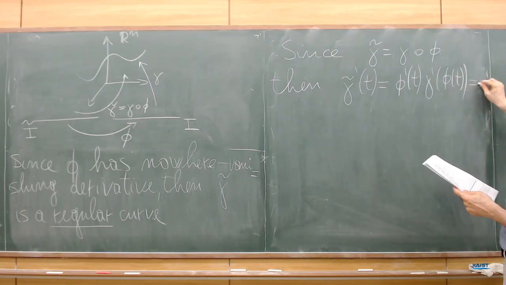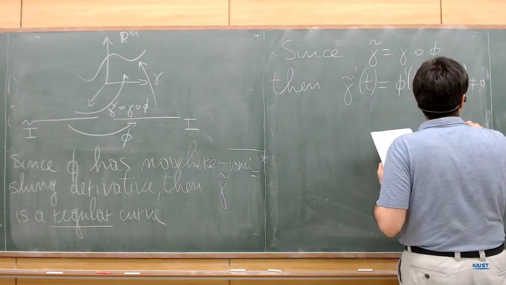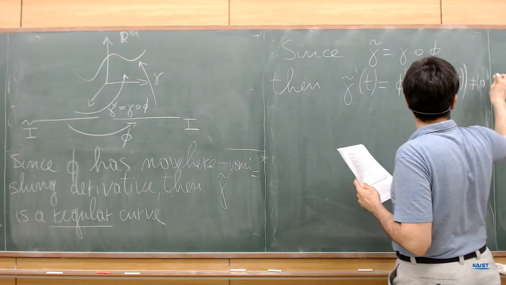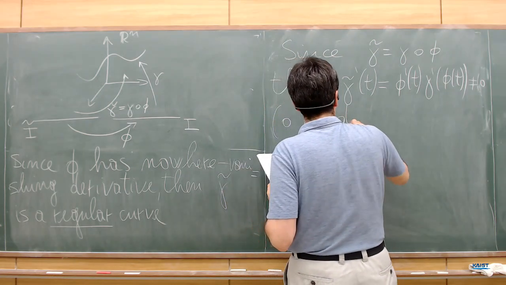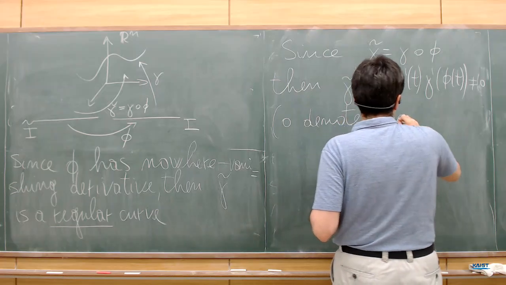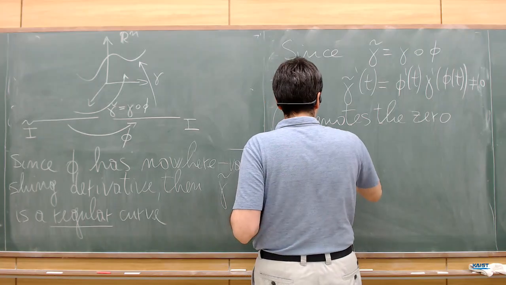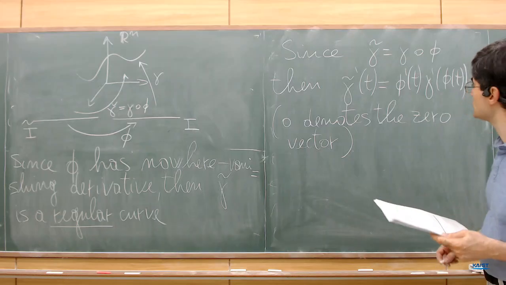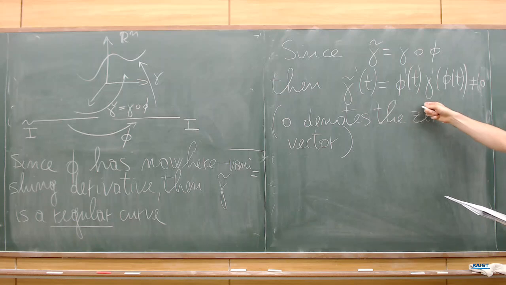And this is different from 0, where 0 denotes the 0 vector. And this is true because gamma is regular. So this is a vector which is non-zero, and this is non-zero by hypothesis.